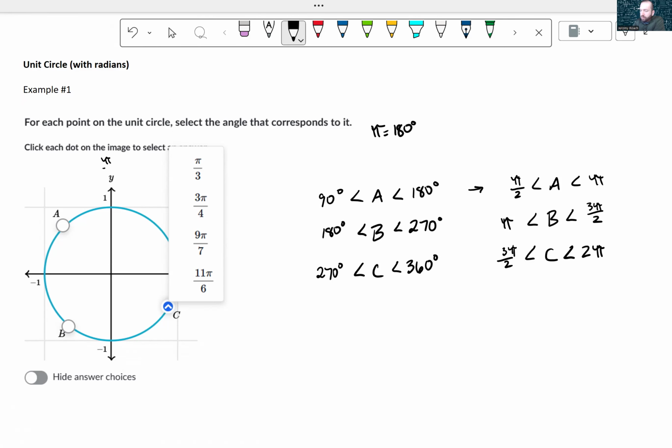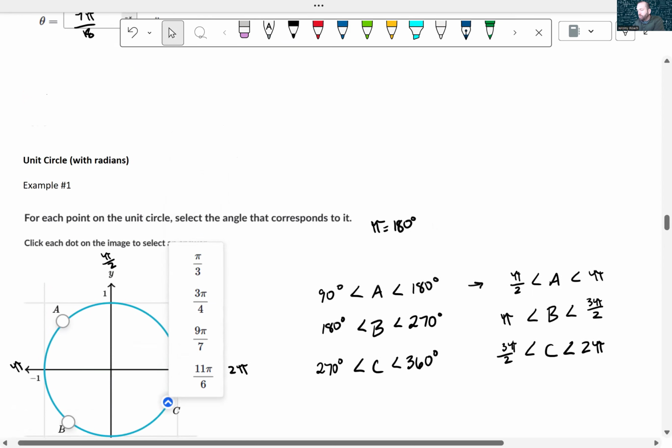So these all go up by 1/2 pi. Pi over 2 is the same thing as 1/2 pi. And so if we have 1 pi plus 1/2 pi, we get 1.5 pi, or 3 pi over 2. This last one's 2 pi at 360. So maybe that might help you with the estimations.